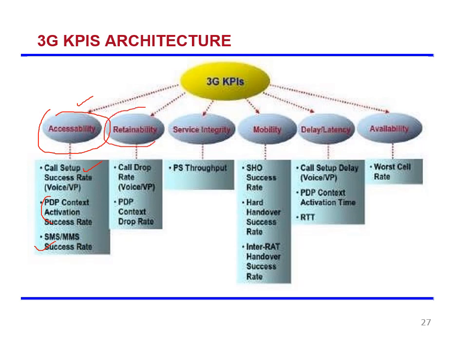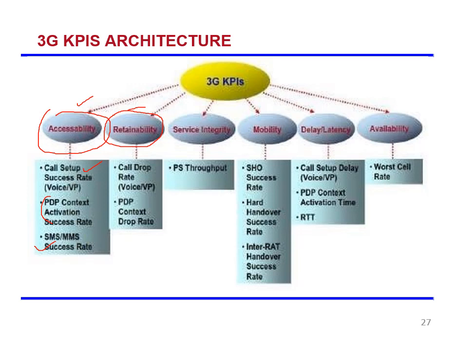Retainability. Retainability means after the mobile phone is given access by the network, the next job is to retain that customer for a maximum period of time, until the customer wants to disconnect the call or the session. It's called retainability.